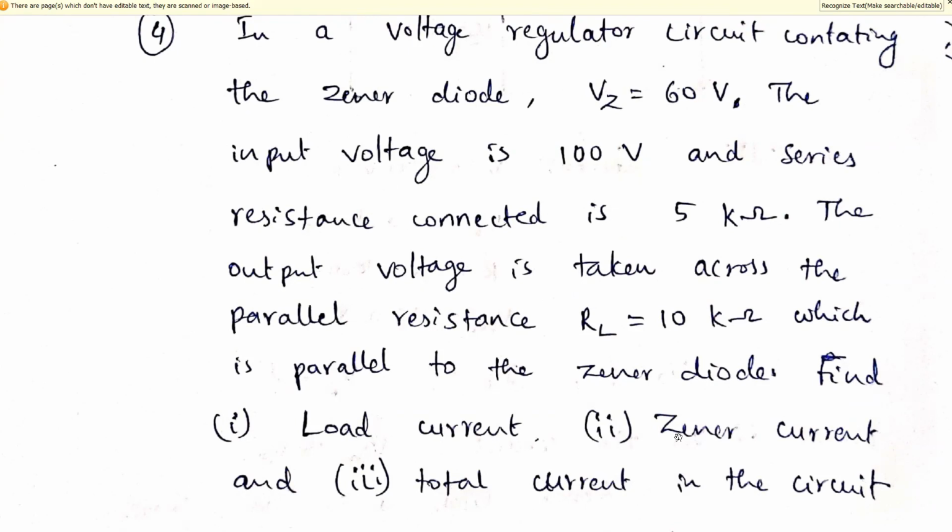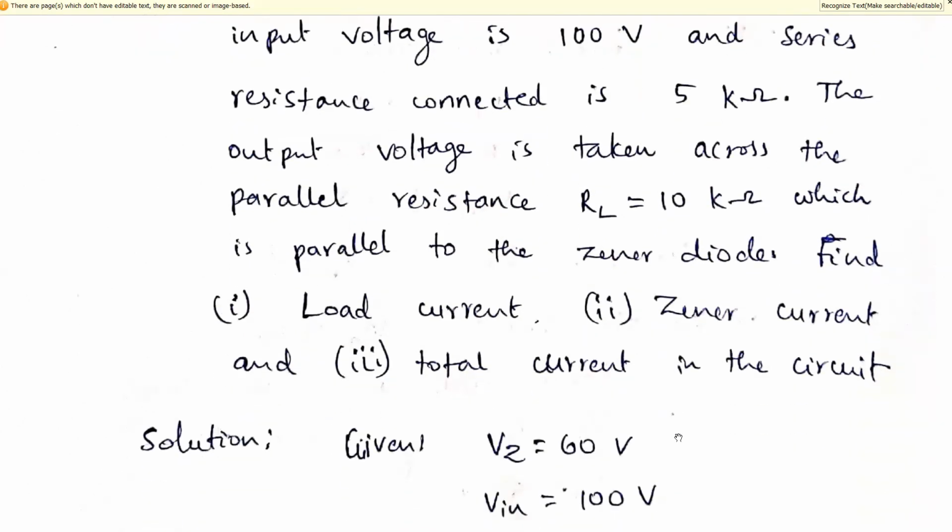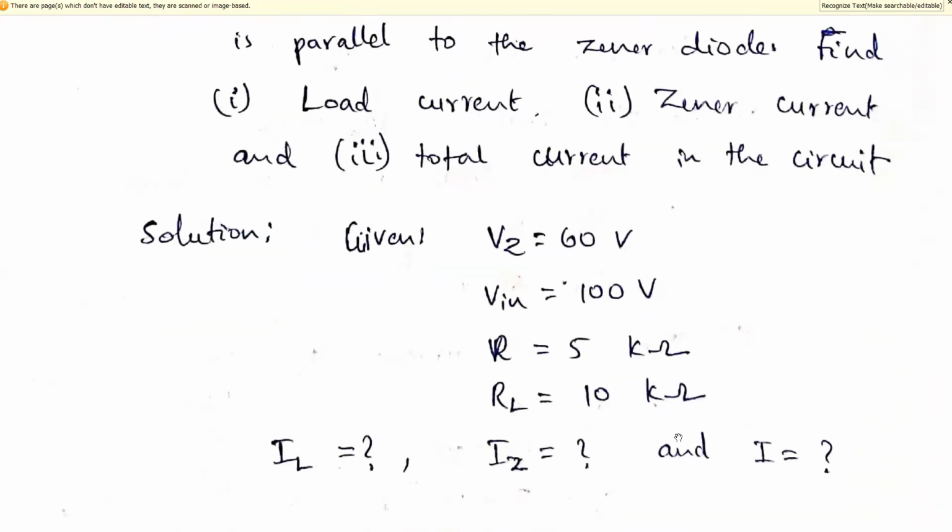Already I have shown you in problem number 3, total current will divide into two parts: load current along the load and Zener current through the Zener diode. Let us calculate one by one. The given quantities are Vz equal to 60 volt, Vin equal to 100 volt, series resistance R equal to 5 kilo ohm, load resistance RL equal to 10 kilo ohm.